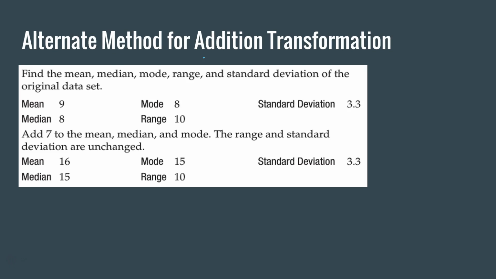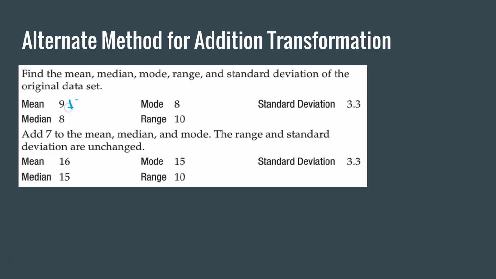So there's an alternate method that we can use to get these numbers as well. What we can do first is, based off our original numbers, find our mean, median, mode, range, and standard deviation. And we can add our k, which is 7 in this case, to our mean, median, and mode. Remember that the range and standard deviation are not affected by it, so we do not want to add that 7 to it.